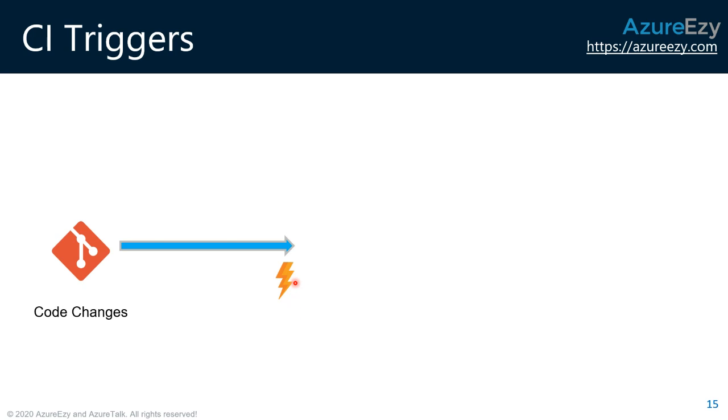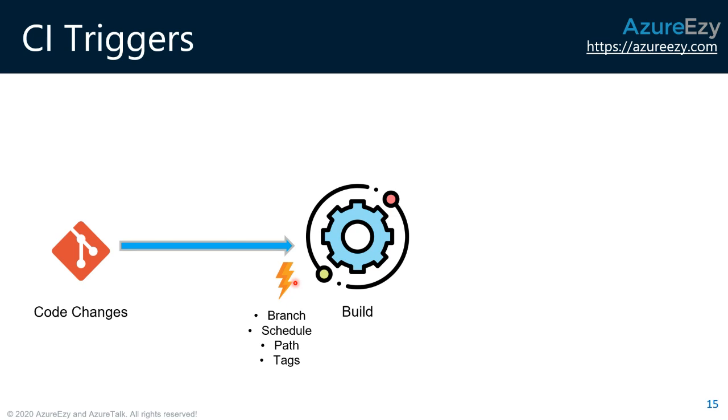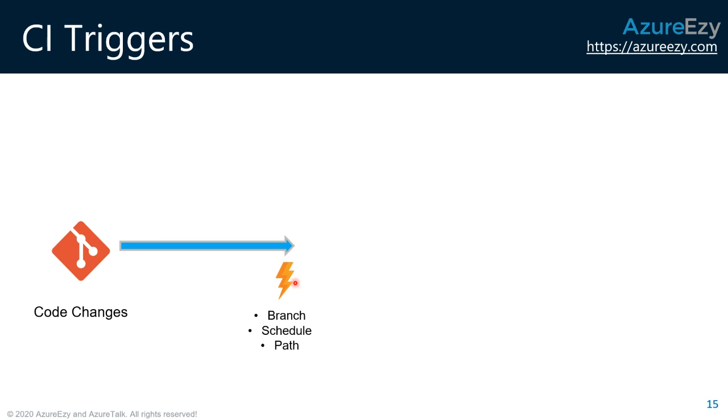What we mean by these triggers is that based on changes in the code, in a branch, on a schedule, on a path, or on a tag, it can start a build. If it is happening on a branch, then only it will start a build. Suppose in a version control you normally have various branches like master, develop, release.